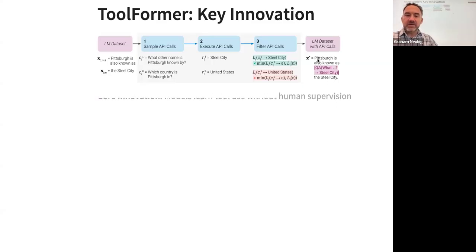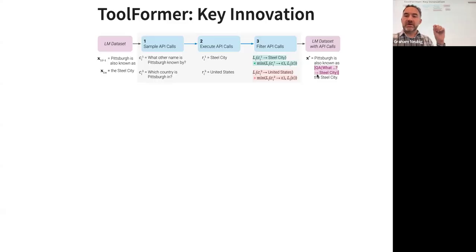The way they added this is they had "Pittsburgh is known as", then an open bracket, where the open bracket and the tool name were an indicator that they should start a tool call. They would add "what other names is Pittsburgh known by", and then generate the arrow.